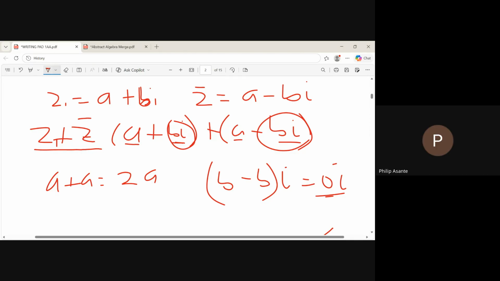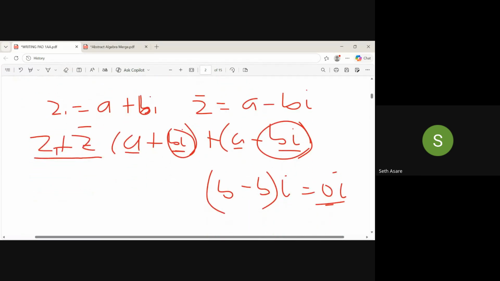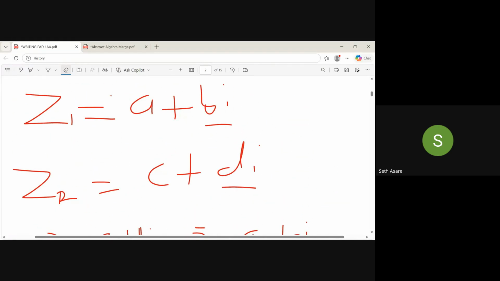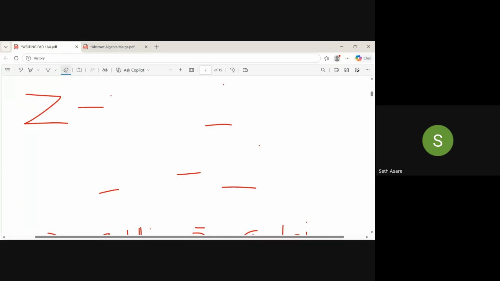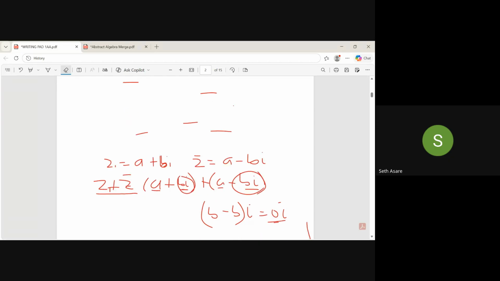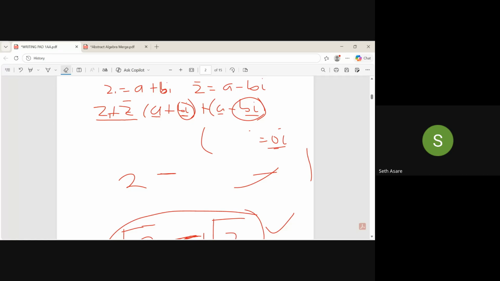It's very clear. Okay. Now let's do the minus. This time we are subtracting. So if I want to subtract, let's do the subtraction now here.